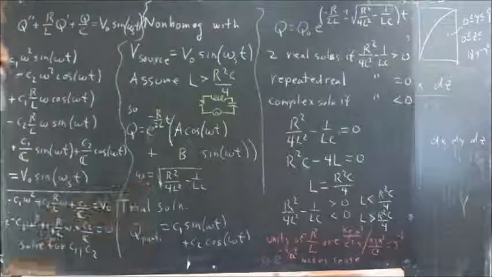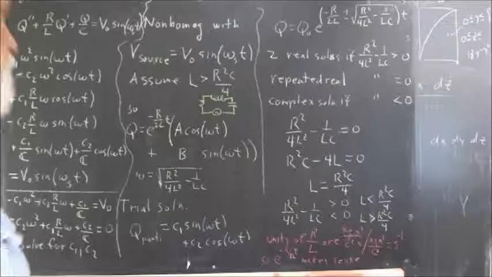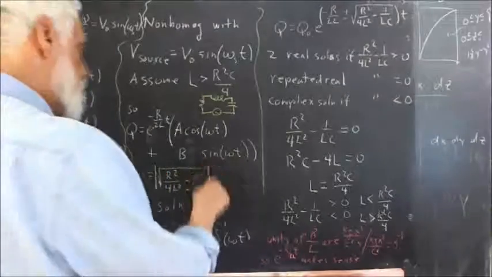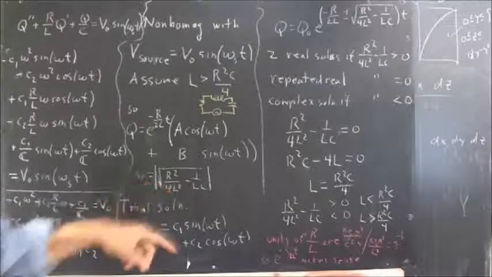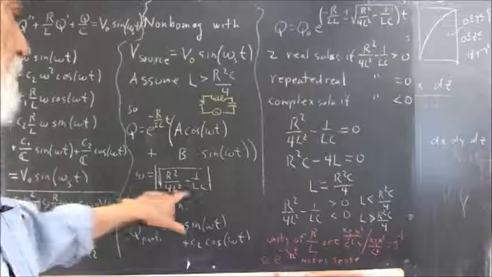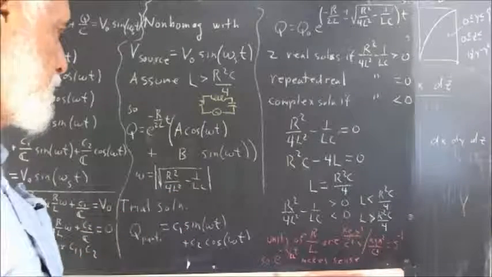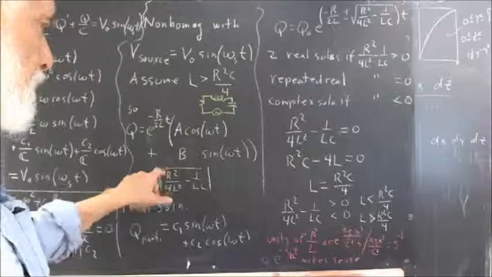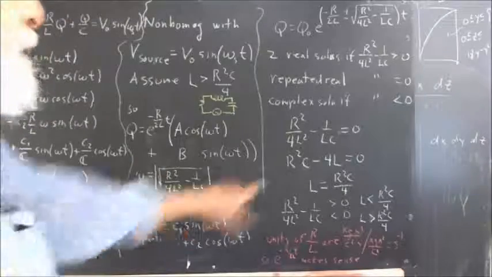I should say omega equal to the magnitude of this, because, of course, this thing is imaginary and omega is a real quantity. But in any case, there's our omega. And note again, if 1 over LC is small compared to this, it just comes out close to R over 2L.